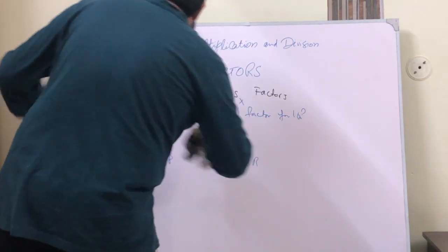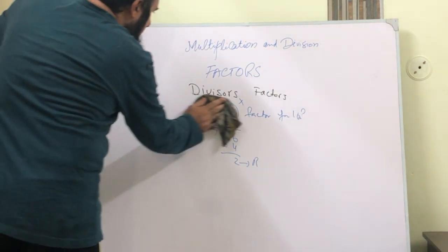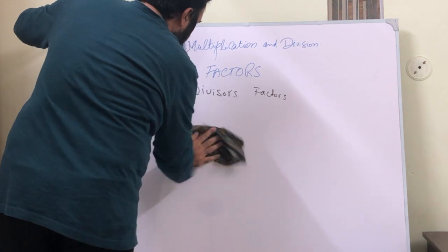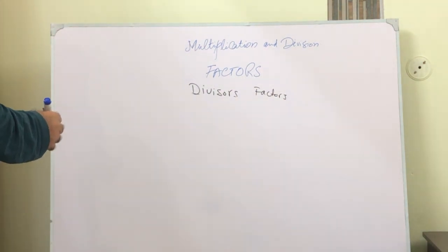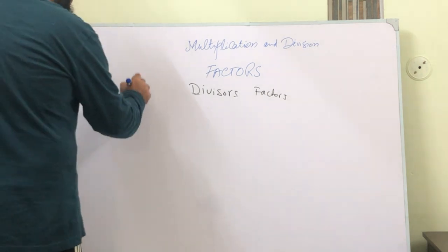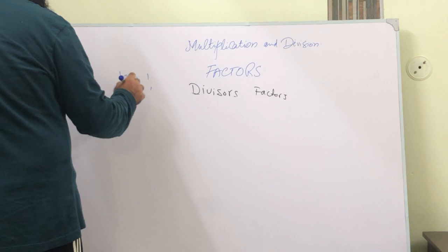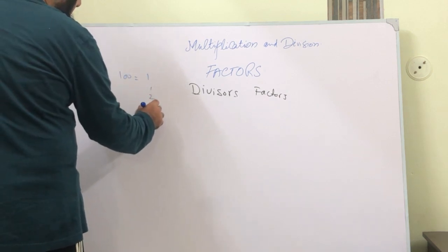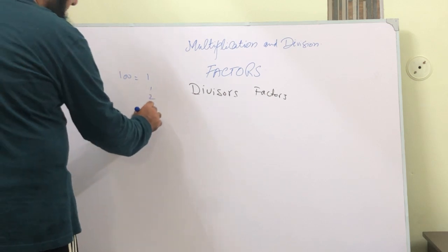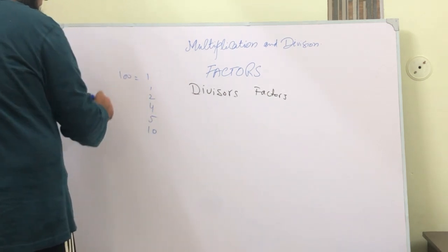Now we move forward to point number 5 on page number 29. What are all the factors of 100? We can divide 100 by 1, by 2, 2 50s are 100, then by 4, 4 25s are 100, then by 5, 5 20s are 100, then by 10, 10 tens are 100.